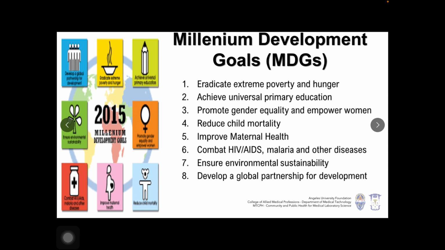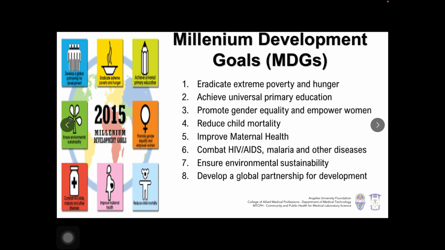However, more countries are achieving high levels of immunization coverage, and during the year 2000 to 2013, estimated deaths by measles have decreased by 74%, which is from 481,000 to 124,000.